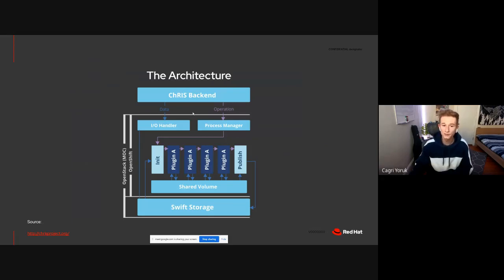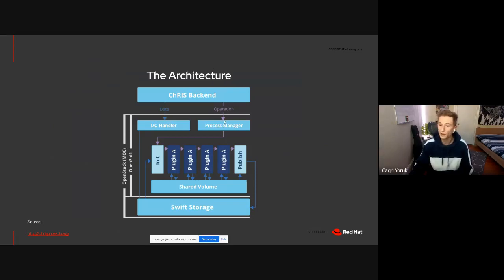If I have to give an example of the operations, if we want to push some files to this Swift storage, we call this input-output handler, and then it directly pushes files to the Swift storage. Whenever we want to run an application or a plugin, we run it through the process manager.